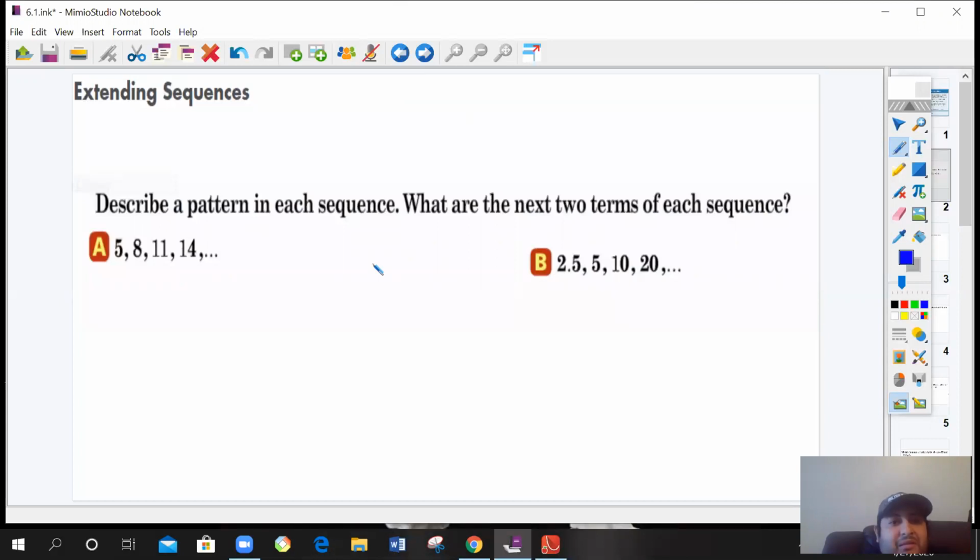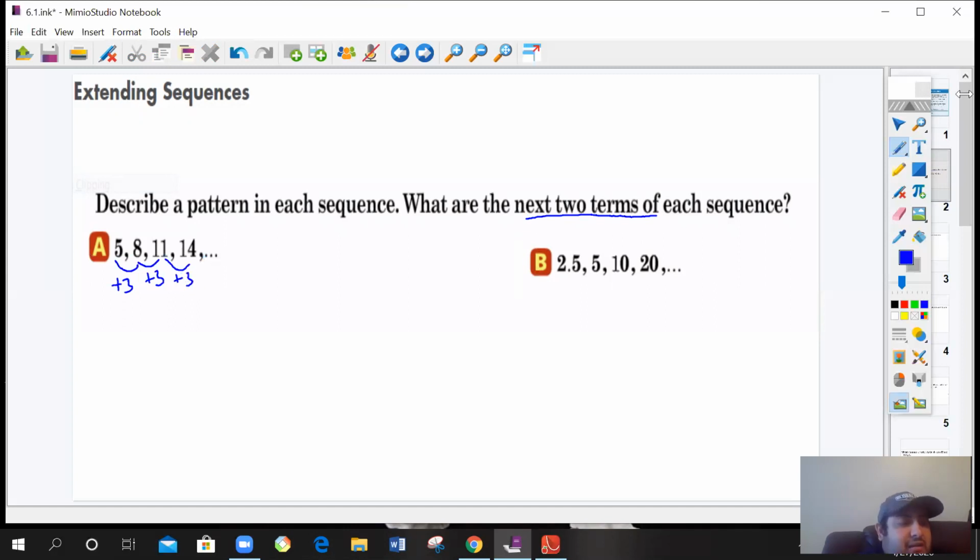Let's start with the basics. We need to describe a pattern in each sequence. What are the next two terms of each sequence? All right, so we notice these numbers 5, 8, 11, and 14, and we need to describe our next two terms. From here to here is adding 3, from here is adding 3, and from here is adding 3.